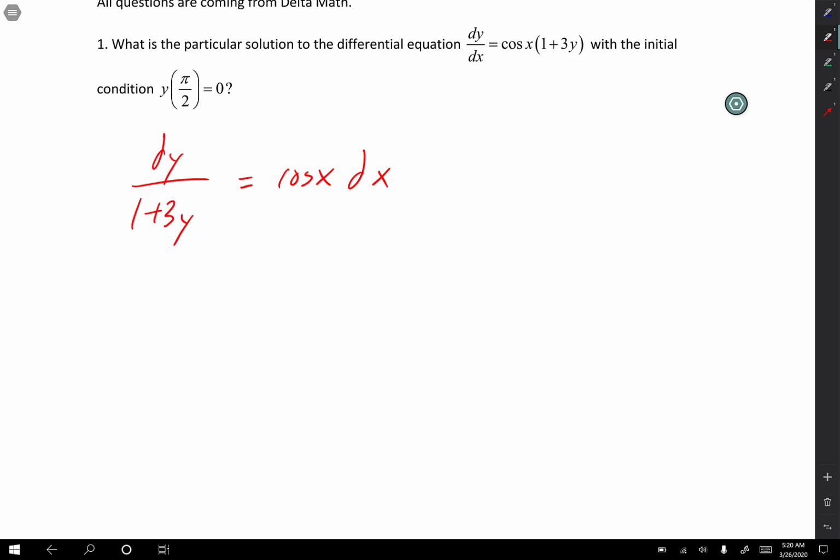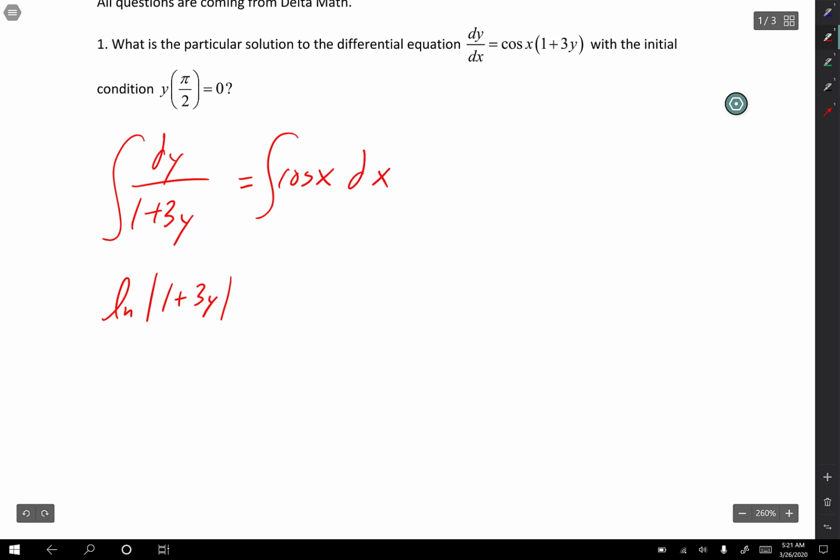Hopefully you guys have already had enough experience with this expression, like 1 plus 3y in the bottom here. I'm going to integrate. Because in the bottom this is a linear-like term, I'm going to have ln. I'm going to put an absolute value because there's no limits on your integral there. 1 plus 3y. Now, before you continue, if I were to take a derivative here with respect to y, it would be 1 over 1 plus 3y times 3.